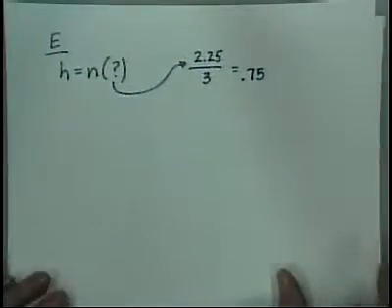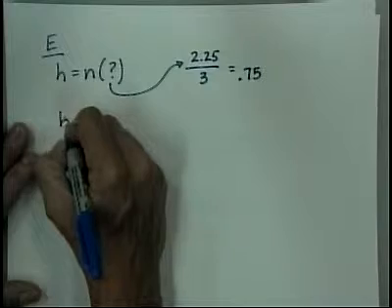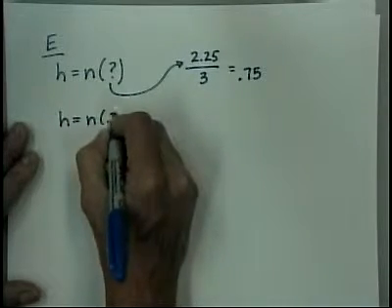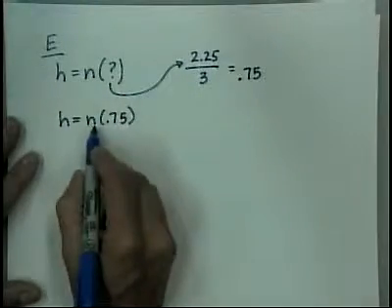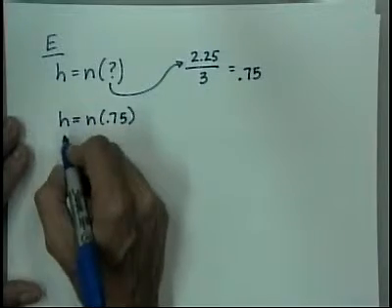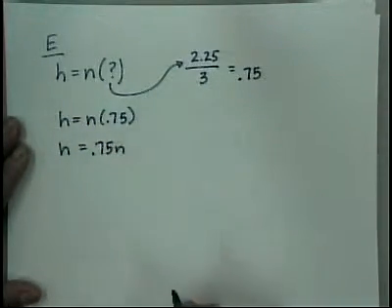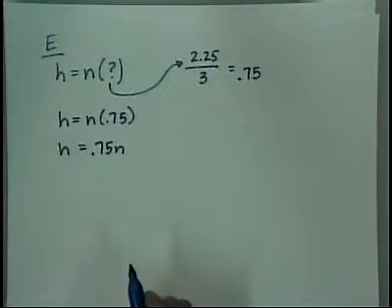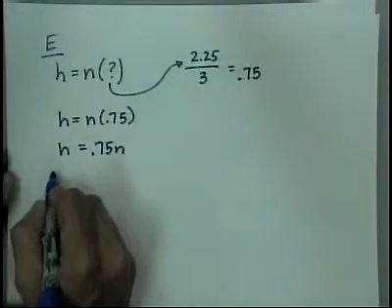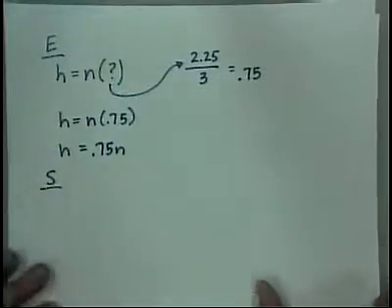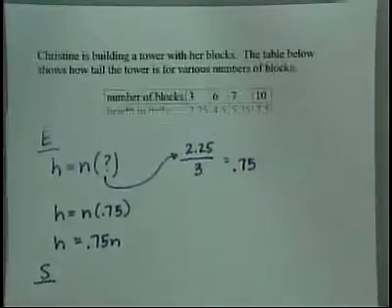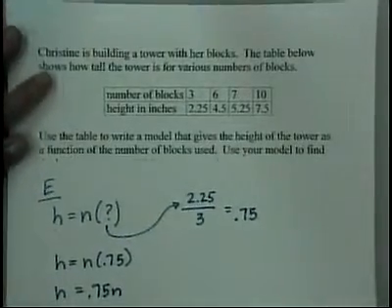Filling that into our equation, we can say height is equal to N times 0.75, which actually makes more sense when written H is equal to 0.75 times N. So there's our equation. Now the next part of our INVESTS procedure is S, or solve. Let's look at what we want to use our model to find.